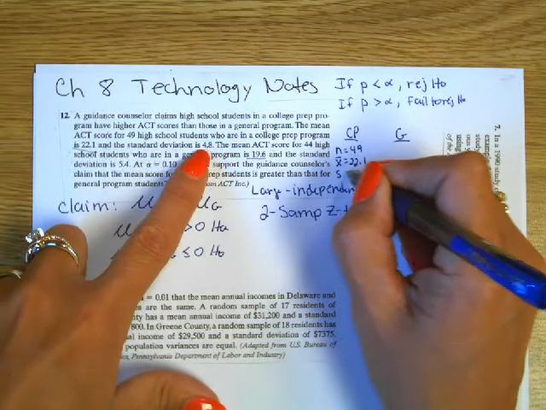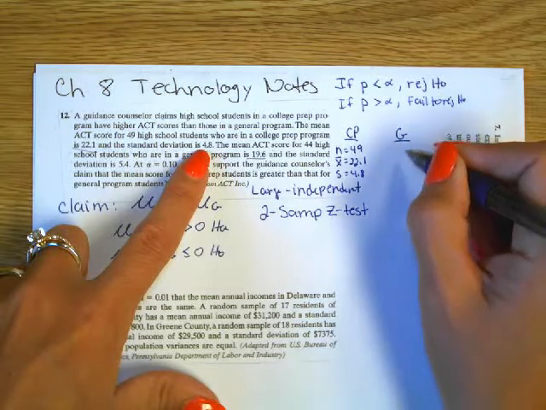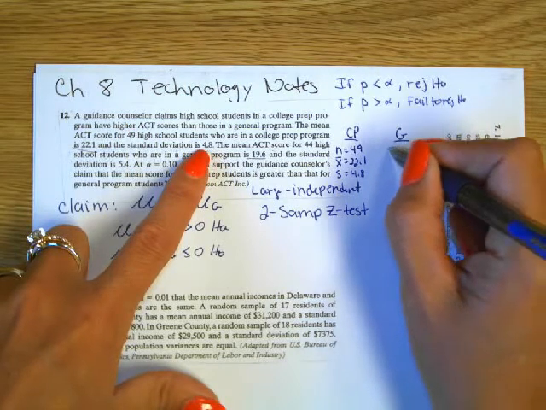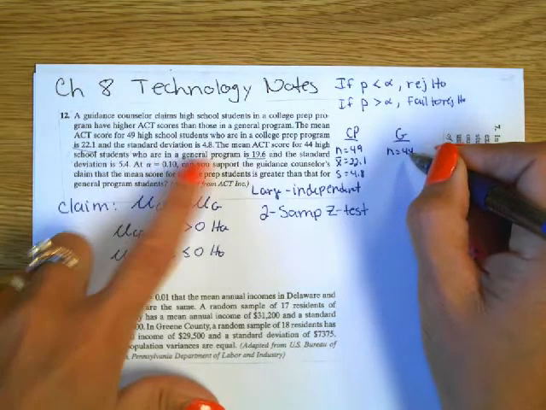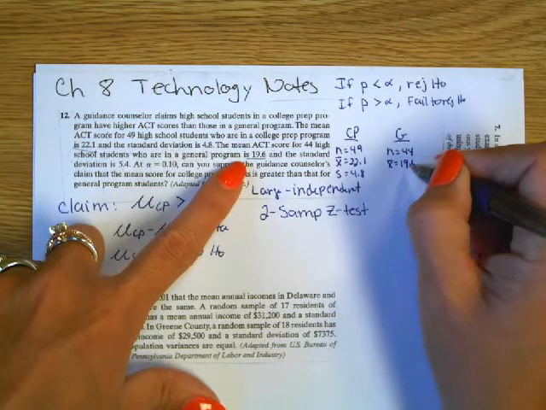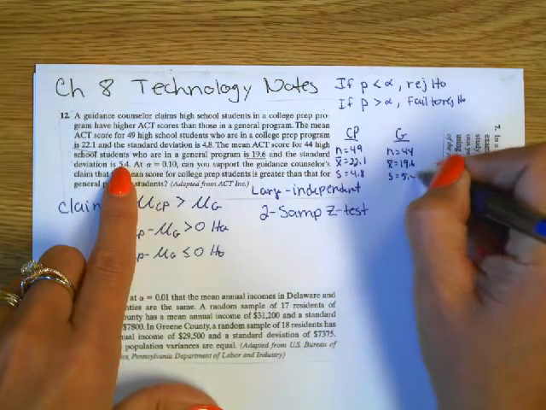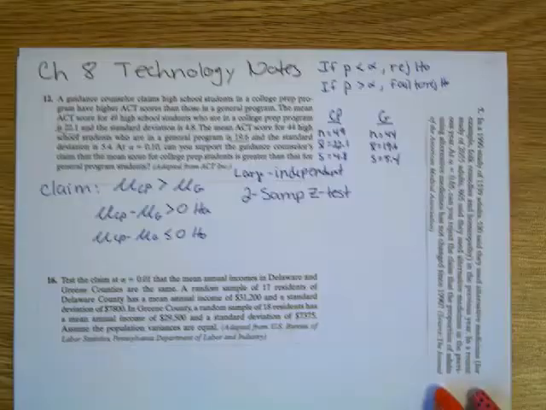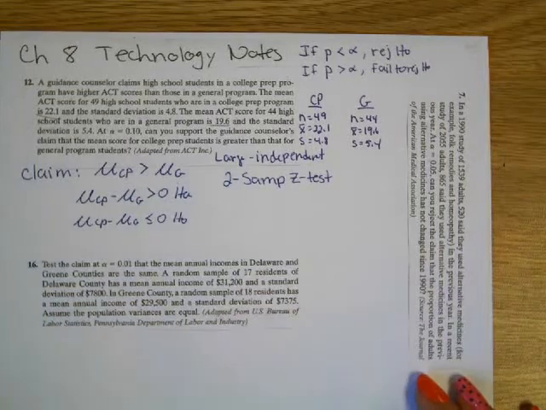Standard deviation was 4.8. And then for the general program, sample size was 44. Mean was 19.6. And standard deviation was 5.4. Not necessary, it's just going to make it easier for the program.